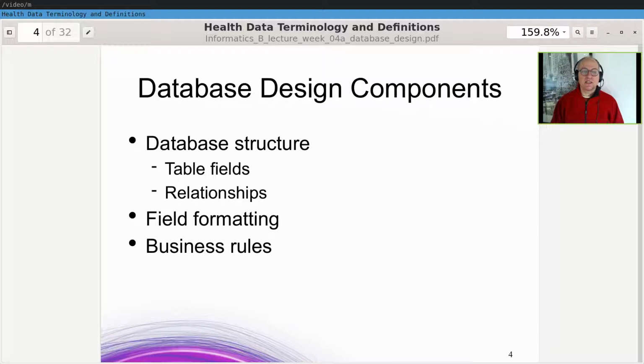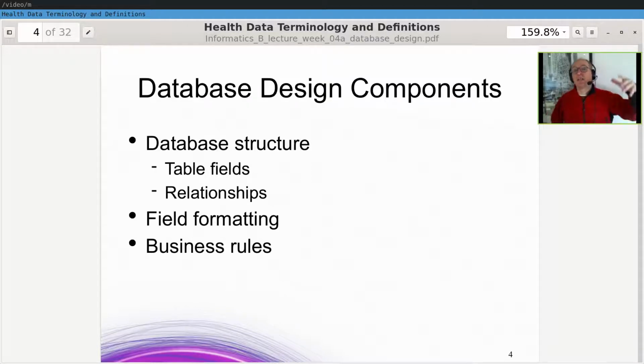So when you're designing a database, you need to have these things. You need the structure, you need the fields: which fields are going to go in which tables, what the tables are going to be, what the fields are, and what the relationships between the tables are. So in the previous assignment, you saw we had a diagnosis table, we had a DS1 table. Those are the tables. The fields are TDIAG1, TDIAG2, and the relationships were implicit in that table.